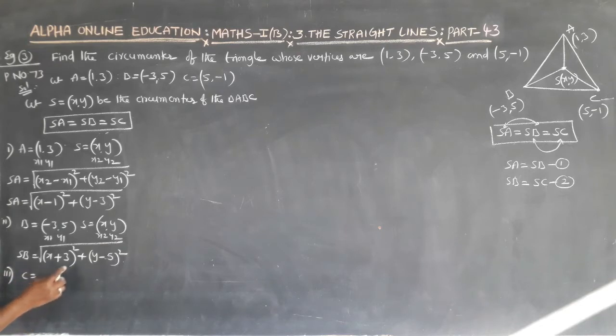Again, find SC. C is (5, -1), S is (x, y). Let C be (x1, y1) and S be (x2, y2).